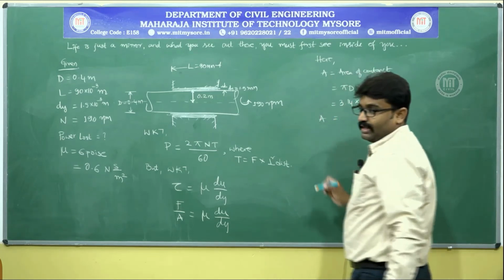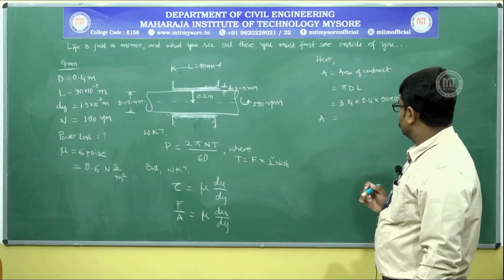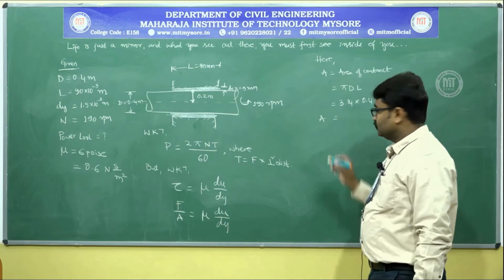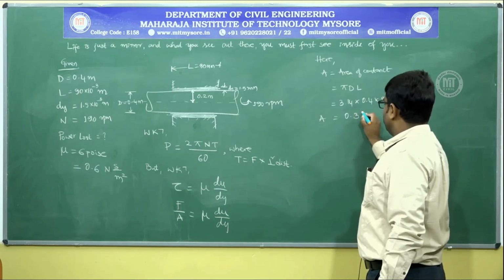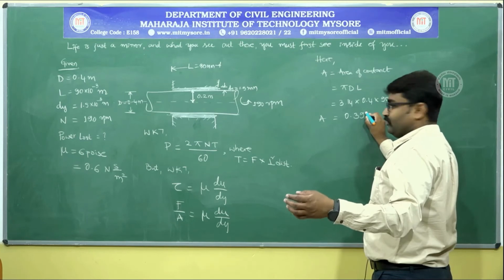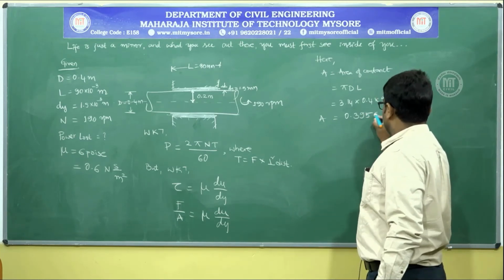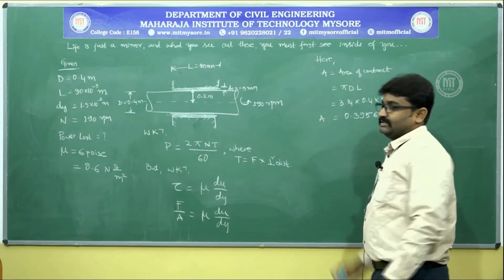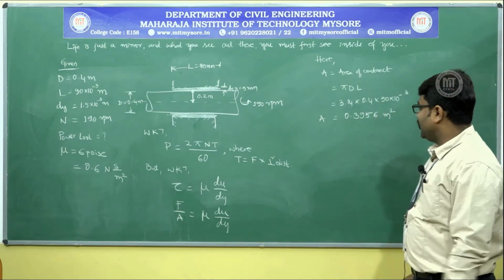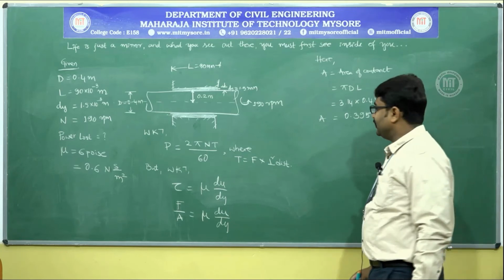Sir, can you get me the area? 0.3956 meter square.